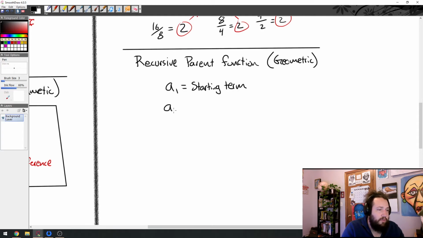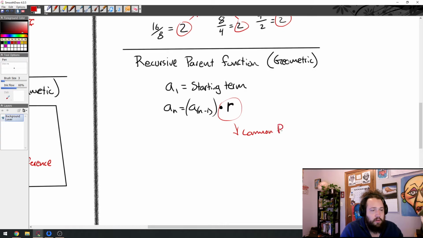And then I'm going to have AN equals AN minus 1, but this time this term is going to be multiplied by an R. And really, the only difference is this is my common ratio.